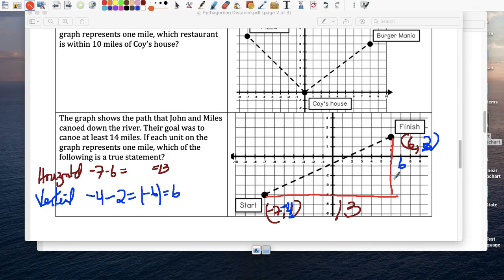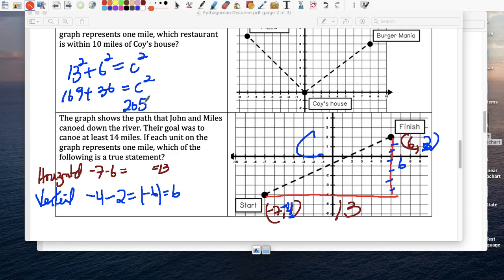So this one is 6. Now you could have just counted 1, 2, 3, 4, 5, 6. Now we have a triangle, and you can find c. So 13 squared plus 6 squared equals c squared. This is 36. 13 squared is 169. So 169 plus 36 equals c squared, which gives 205 equals c squared.